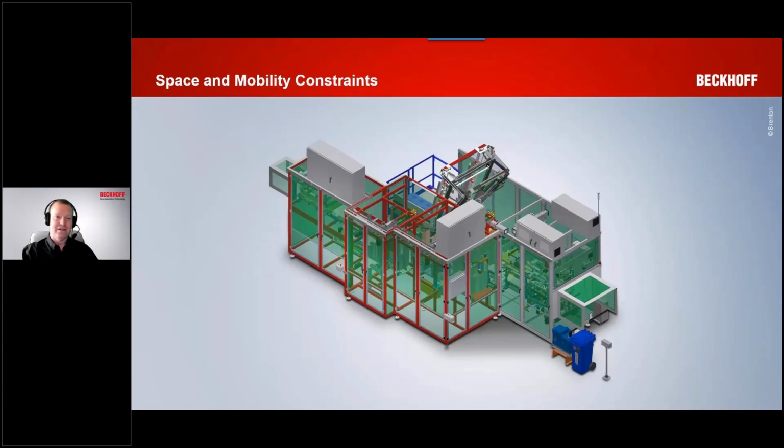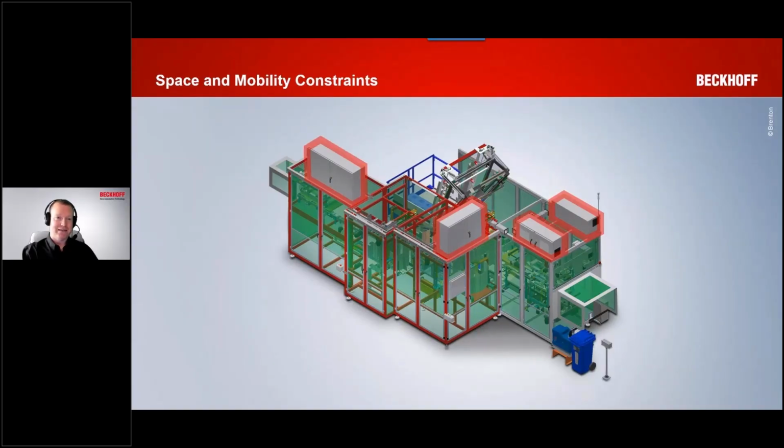You can see here one of the ways that we've seen as kind of a trend more recently is to simply move the cabinets up and out of the way, because they take up space, right? So if we move them to the top of the machine, for example, that gets them out of the way. It saves you some of that surrounding floor space, but you still have challenges.